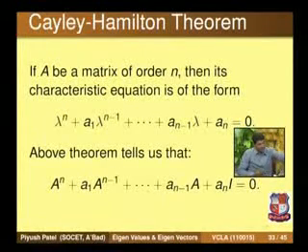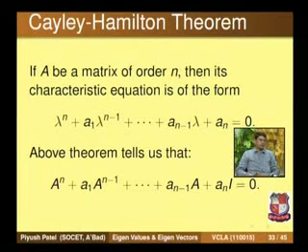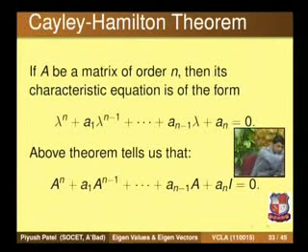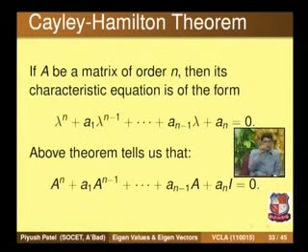If this is the characteristic equation of the matrix, then by the Cayley-Hamiltonian theorem it is satisfied by the matrix A. So we have this relation, and as you can see here, if there is a non-zero constant term in the characteristic equation of the given matrix, then 0 cannot be a root, therefore 0 cannot be an eigenvalue, and if 0 is not an eigenvalue of the matrix, then the matrix is an invertible matrix.